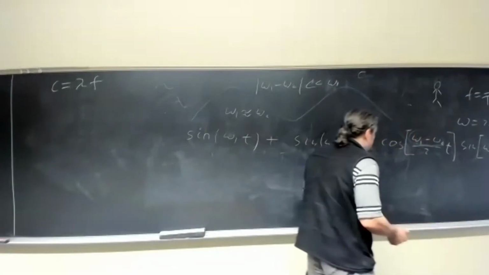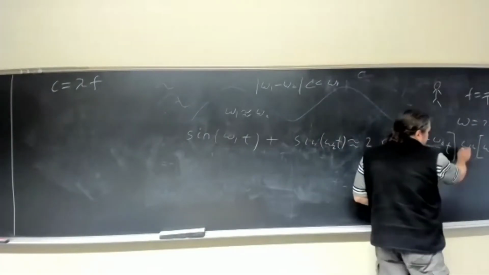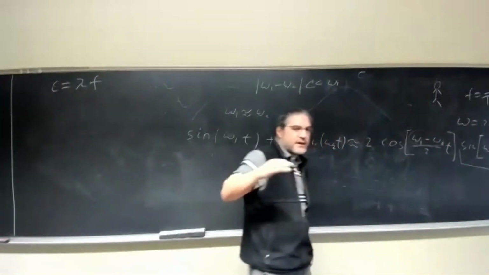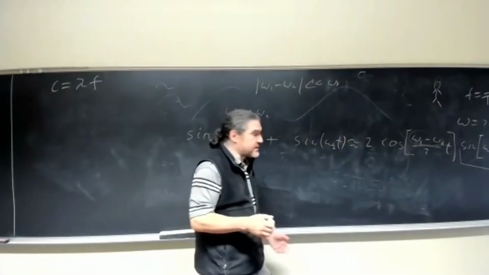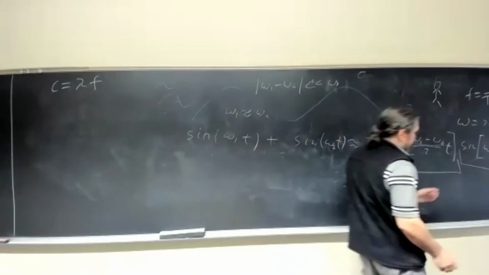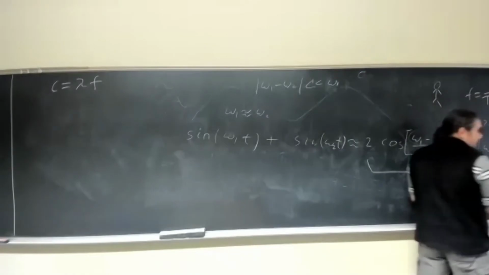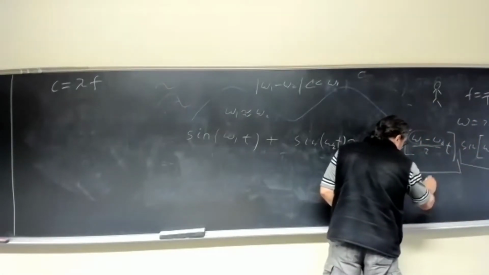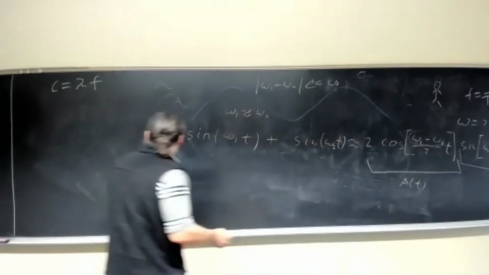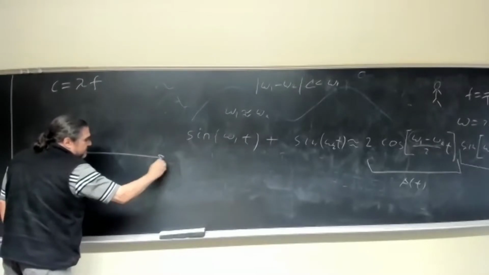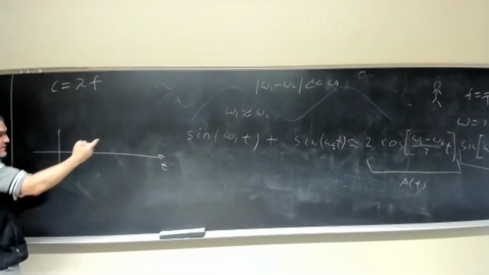Then I can think about it differently. I can think that this is my oscillating function, which oscillates very, very fast. And this is just the amplitude of this oscillating function, which slowly depends on time. So if I draw this, this is my time, and this is the sum of the two functions.